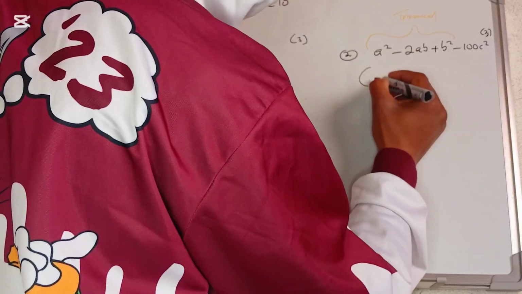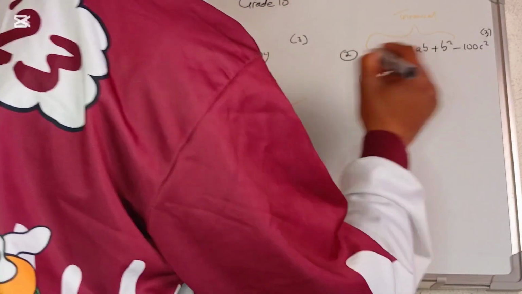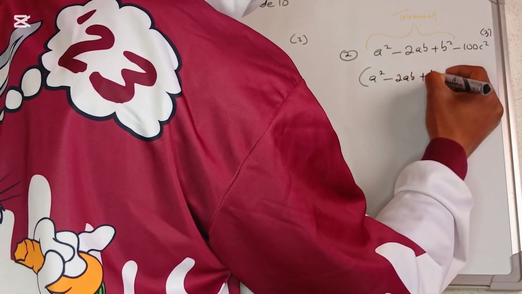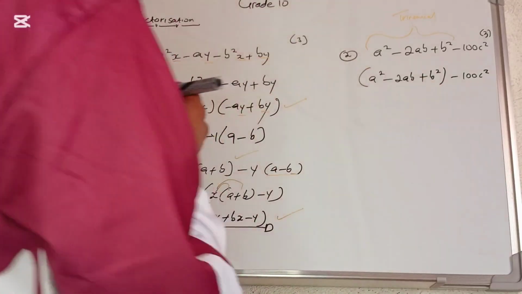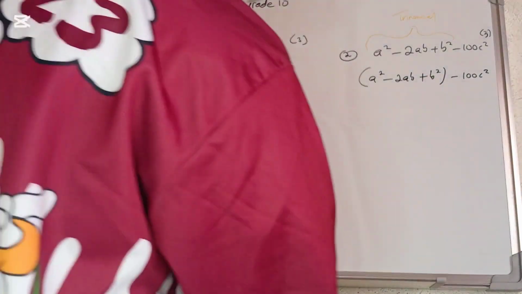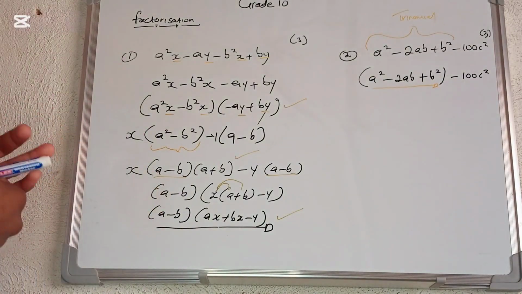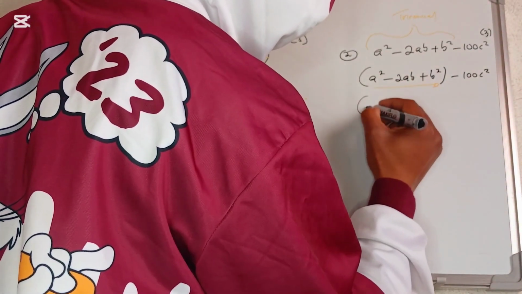So let's start by grouping it or putting brackets. Brackets are very important when it comes to factorization. Very, very important. Plus b squared plus minus 100c squared. So let's start by solving this trinomial here. Right. So when solving this trinomial, we're going to have what?